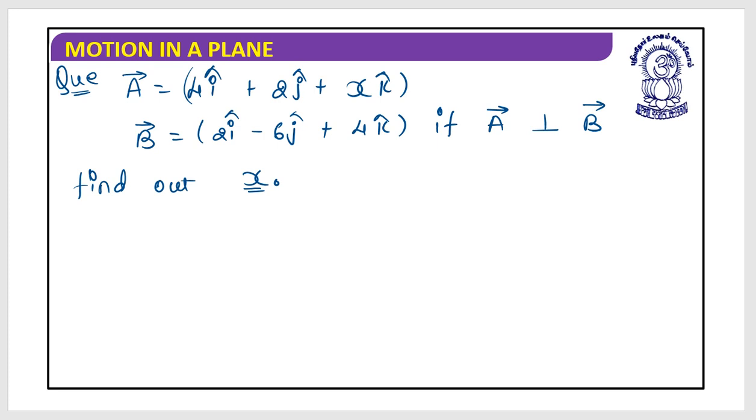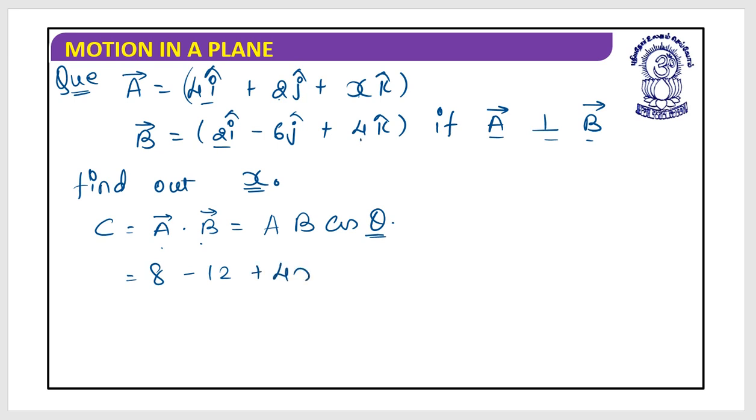What I know is that C equals A dot B, and this equals AB cos theta, as they have mentioned that A is perpendicular to B. So if I perform A dot B, that means 4 into 2, this is 8, 2 into minus 6, this is minus 12, plus 4 into x, this is 4x.